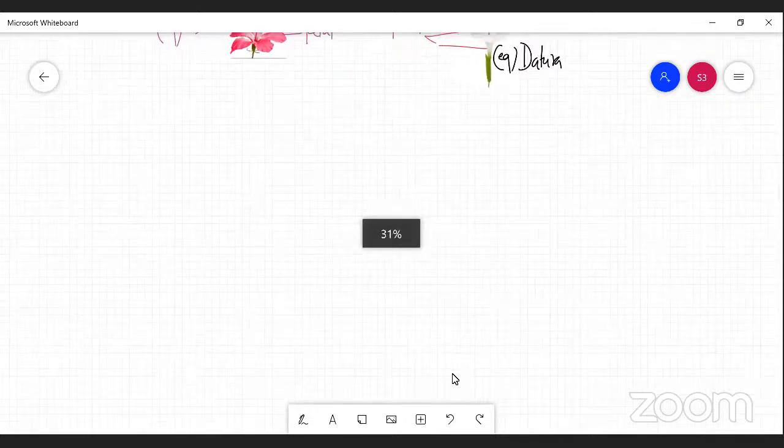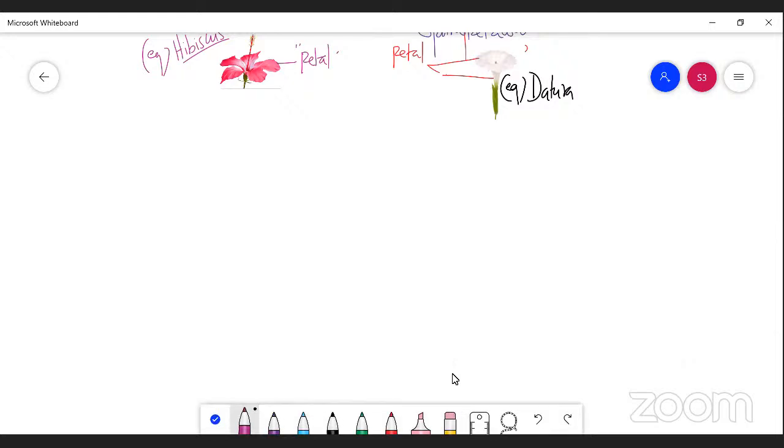In some cases, the sepals and the petals are not differentiated, they are in an undifferentiated condition. That is simply called the perianth. What is it called? Perianth.